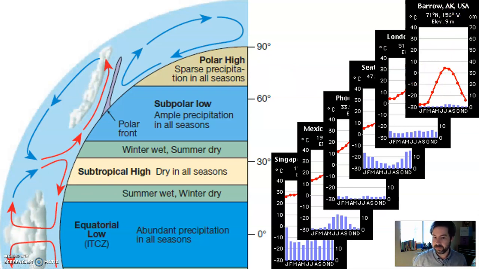Very complicated. This is a very quick, somewhat simplified and generalized look at how wind patterns and weather patterns influence climate. All this is due to Earth's rotation. Something called the Coriolis effect is at play there.